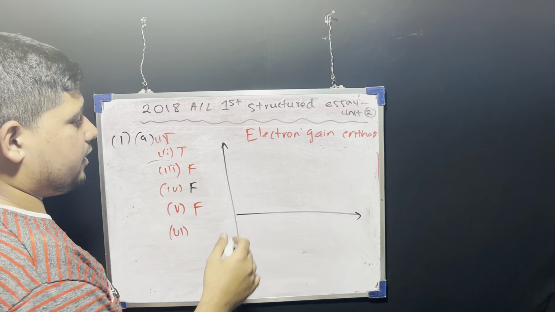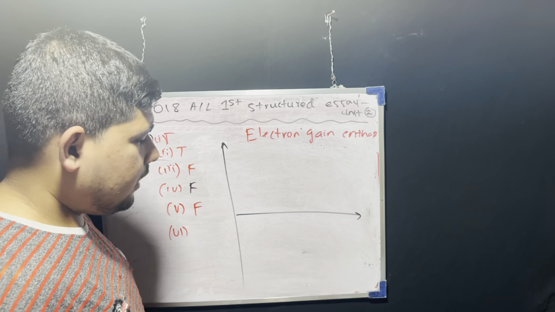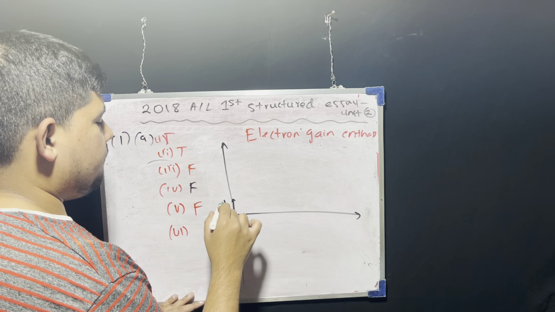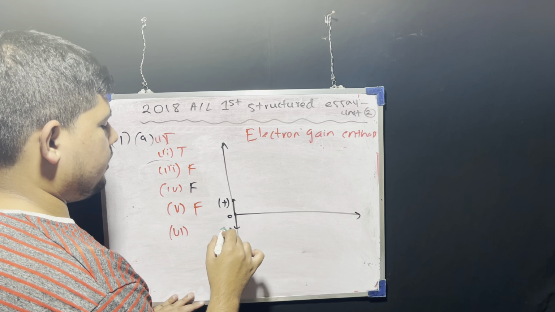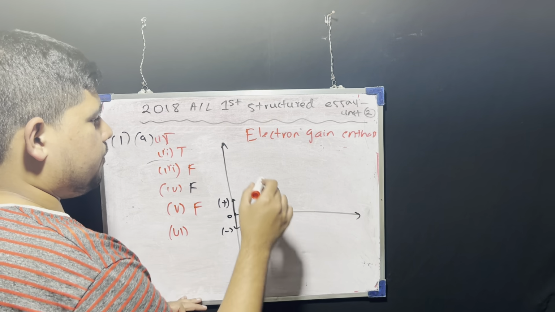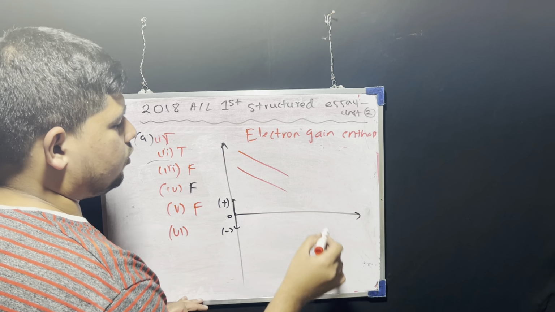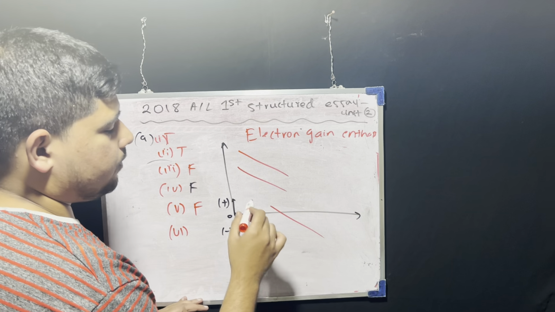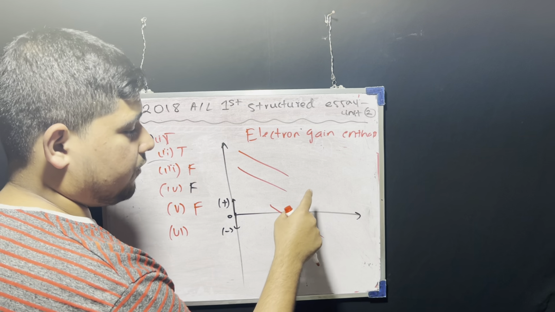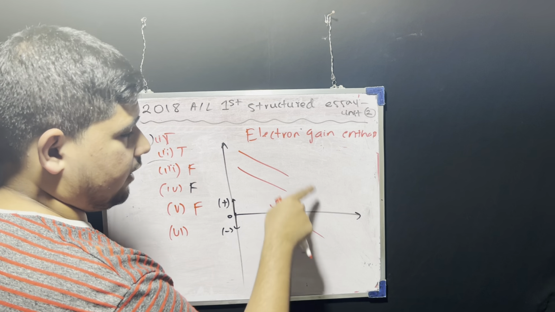Here, this is the variation of energy level. This is 0, upward is plus, down is minus. For the second group, the 8th group and the 5th group, in the 5th group, the first element is an endothermic process.